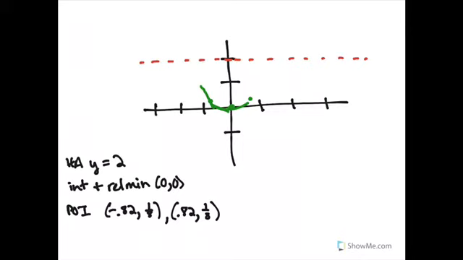I don't know exactly how rapidly I'm going to approach it, and that's why it's a sketch, but that's pretty much what my graph's doing. On the right, I go from being concave up to concave down at that point of inflection. And I'm going to continue up and approach that horizontal asymptote.